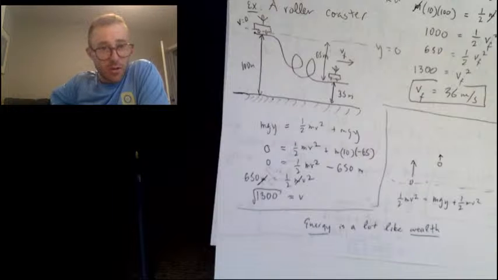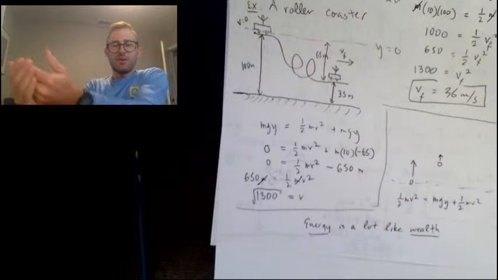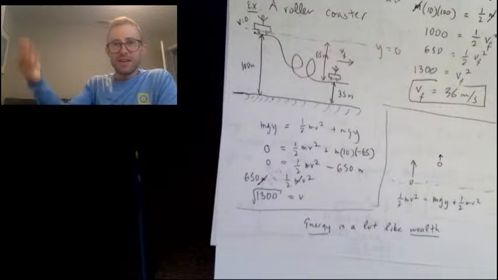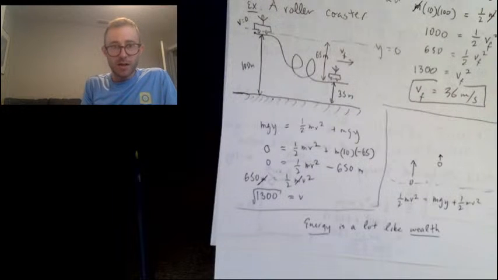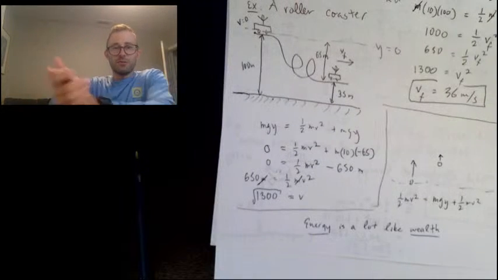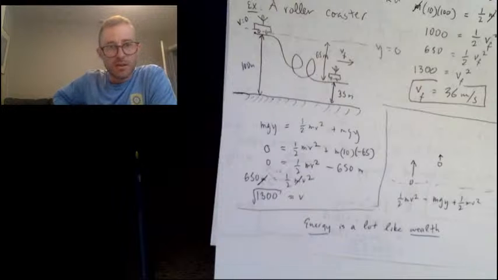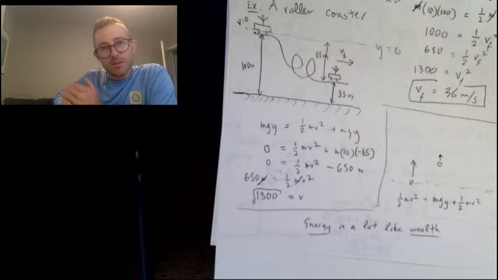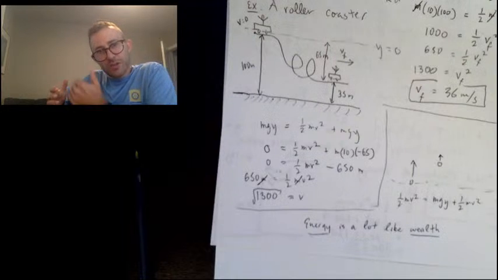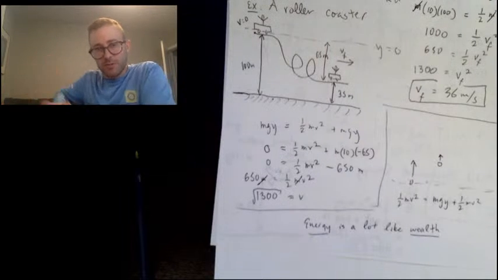And just like wealth, if you give someone $5, they gain $5 and you lose $5. Same thing happens with energy. If you give someone 5 joules of energy, they gain 5 joules, you lose 5 joules. Okay? So just like energy can be transferred, wealth can be transferred.